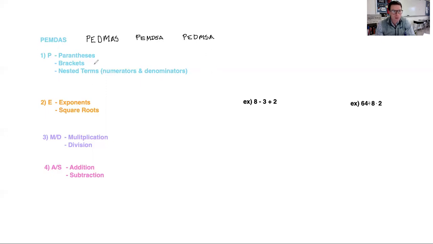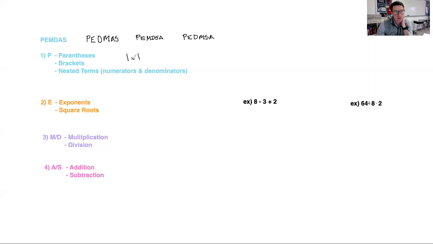First, we start with parentheses, which doesn't just include parentheses, but also brackets, braces, and any nested terms, something we'll cover later in the year. But really, we just start talking about numerators and denominators. So any grouping symbols. Believe it or not, this also includes absolute value.